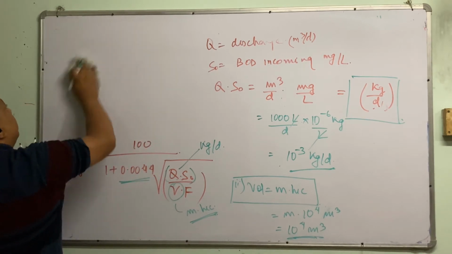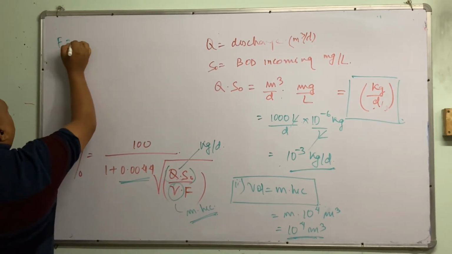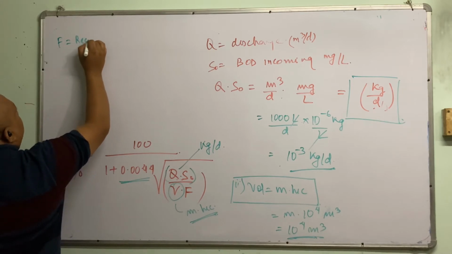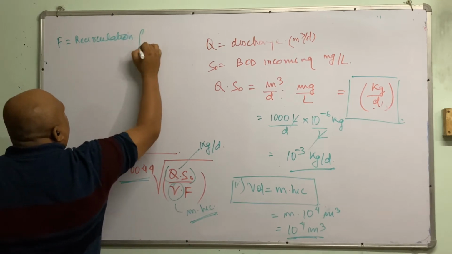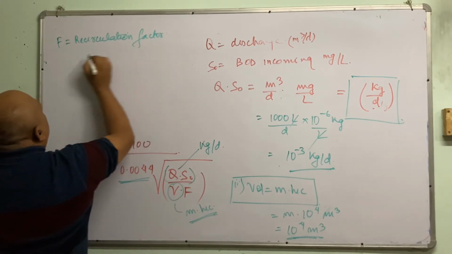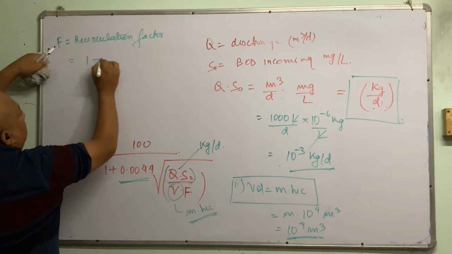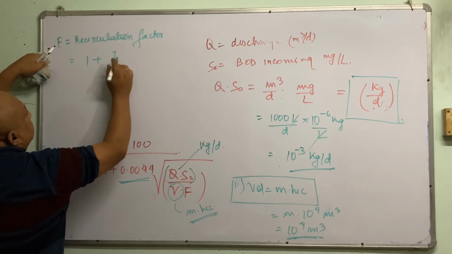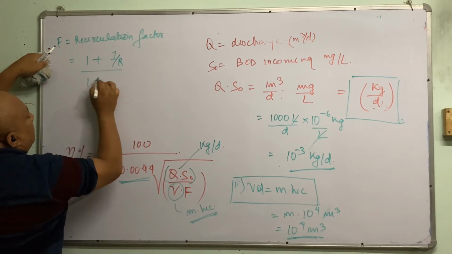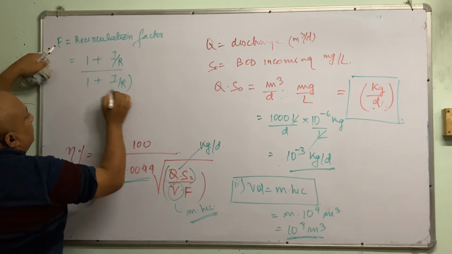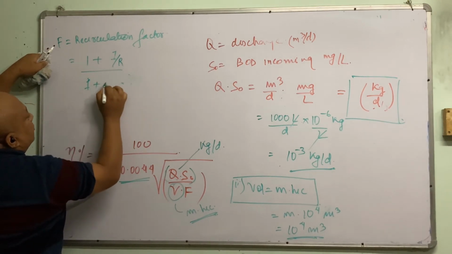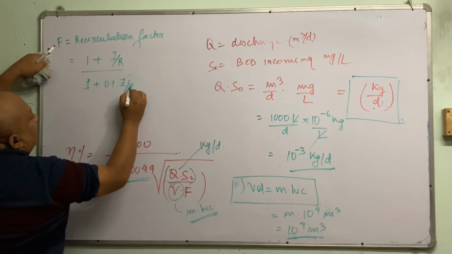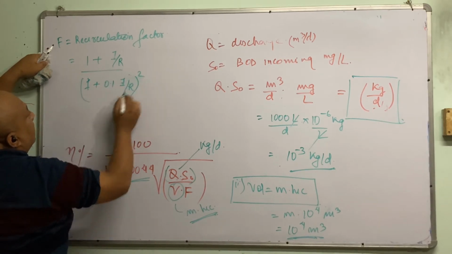Now, what is the F part? F is what we call the recirculation factor. F is equal to 1 plus R by I, divided by 1 plus 0.1 R by I, whole square.